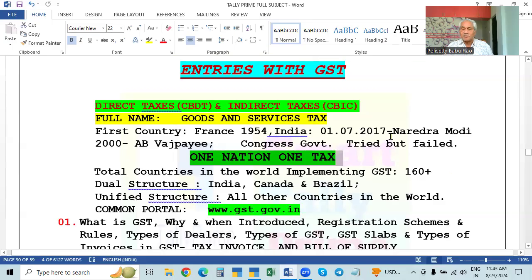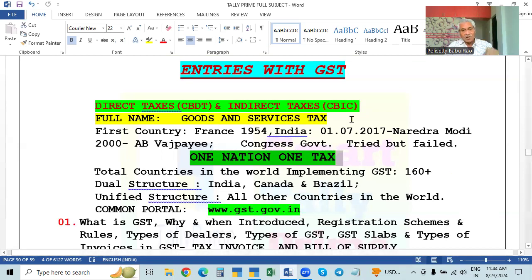Alcohol for human consumption and petroleum products are not brought into the GST. It is given in the GST Act that they will be brought in under the GST from the date notified by the government. So till now, the government has not notified. That is why GST is not applicable on those two. But how is the tax collected for those two? The old VAT is collected.